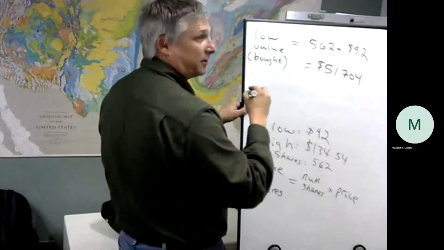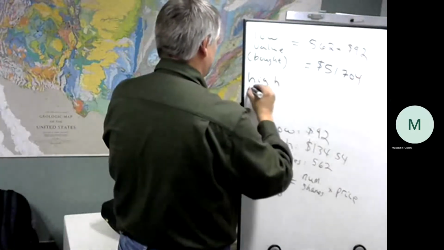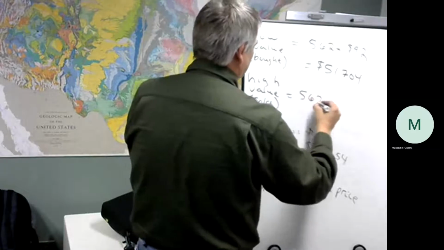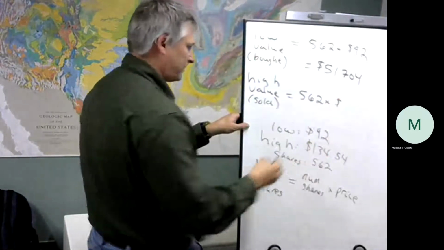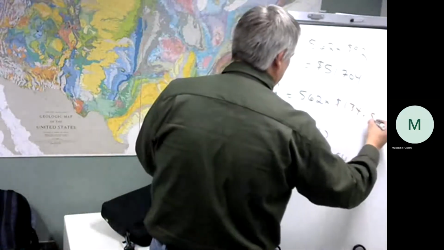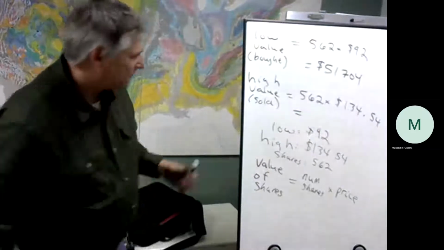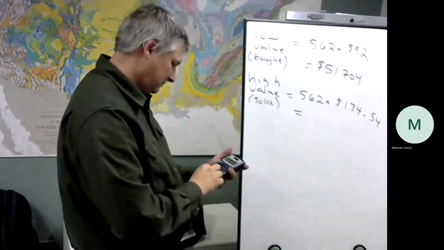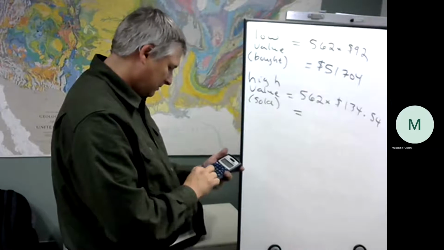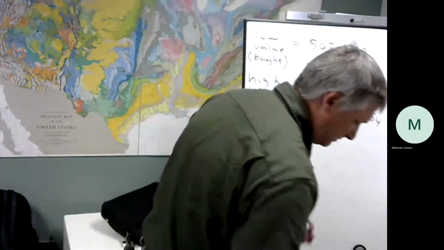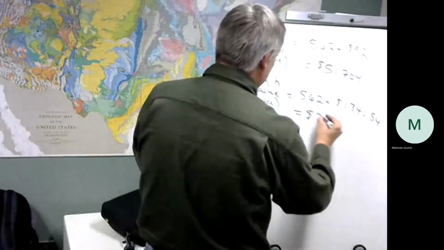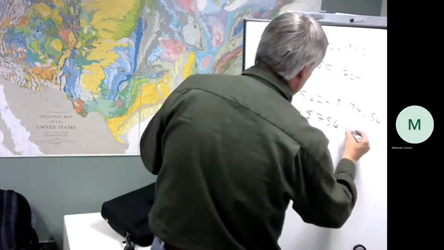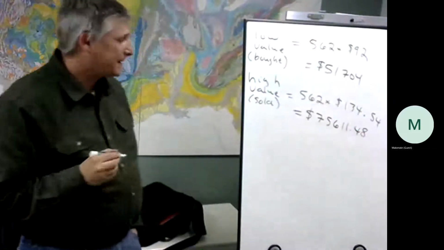Now for the high value, what we sold at, that's 562 times 134.54. And that's what you're going to get.